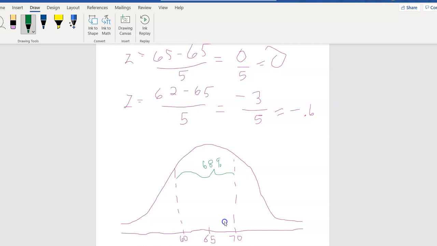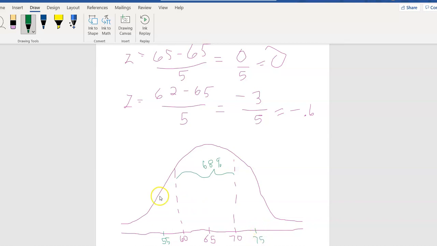All right, now, let's, whoop. I didn't mean for that to happen. Let's now go 1 more standard deviation away. So if I subtract 5 again from 60, that'll put me at 55. And you'll notice that I'm spacing these out as evenly as possible down here. And if I go 5 away in this direction, it'll put me at 75.